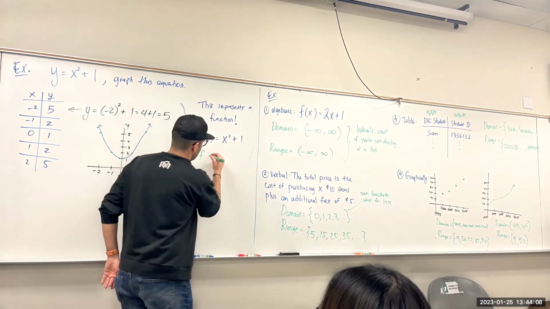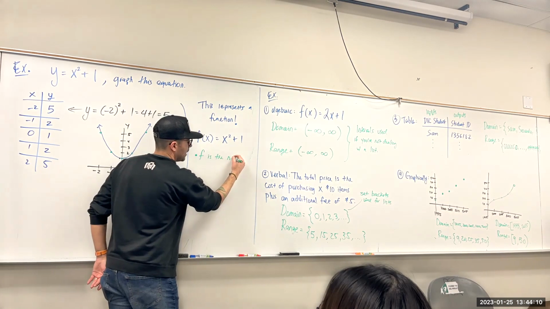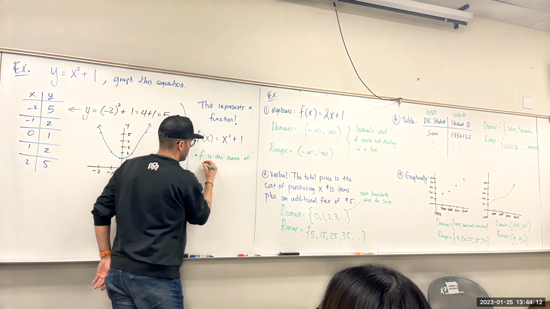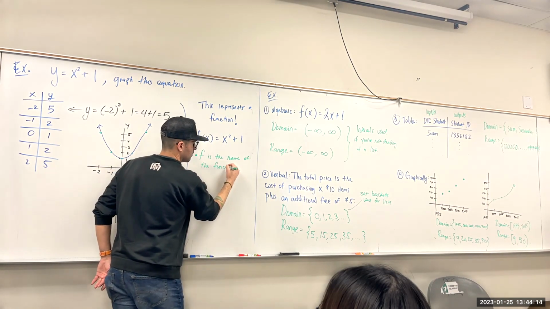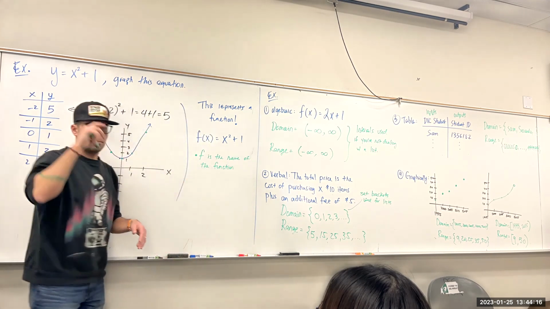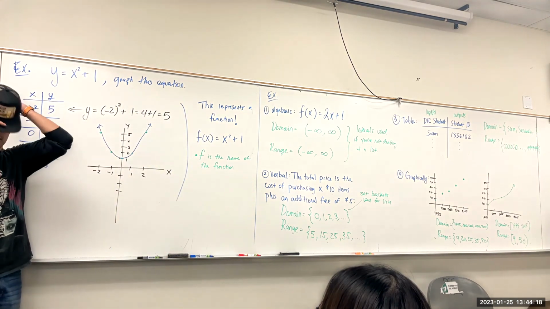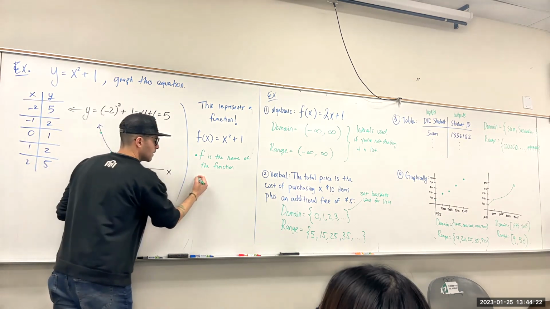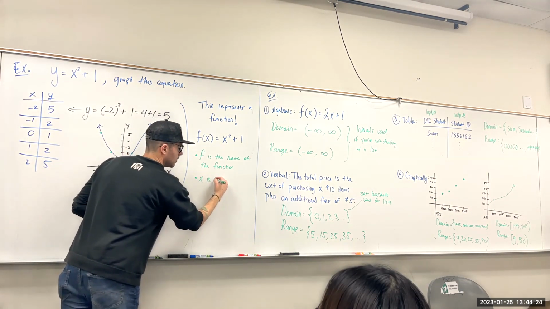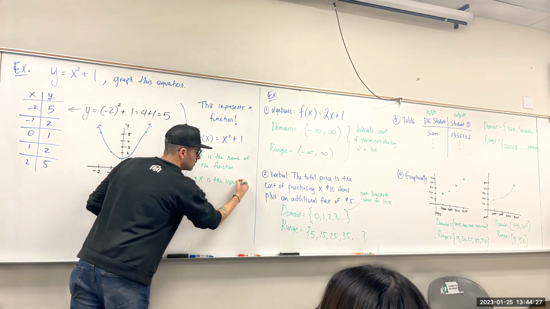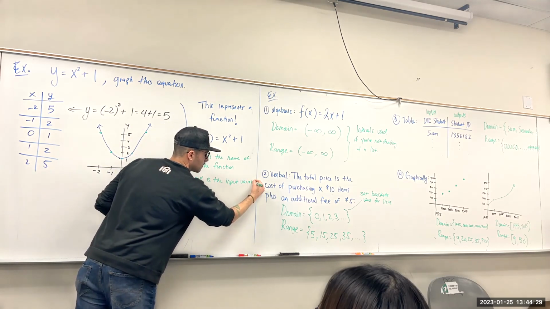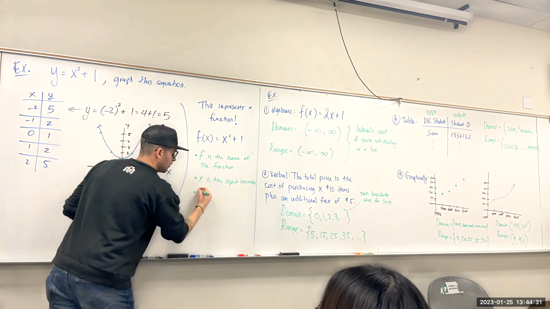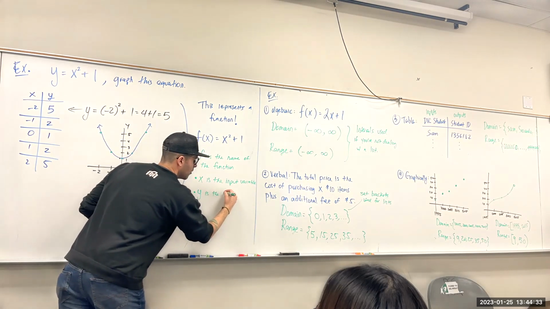F is the name of the function. So F is using that letter to say that's the function F. X is the input variable. And Y is the output variable.